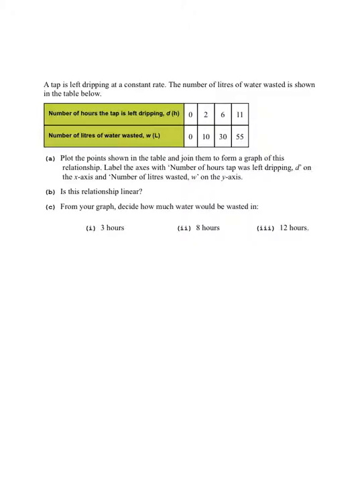Once you've done that, you answer the question: is the relationship linear? Because then you need to join your line. If it's linear, it means it's a straight line. Then you need to tell them, if you've got 3 hours, so if you changed one of these numbers to a 3, how much water would be wasted? And remember what we said we did: we multiplied it by 5. So you should be able to answer that. All right, I want you to go and give this a go.